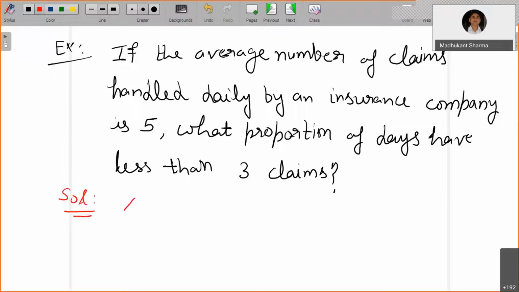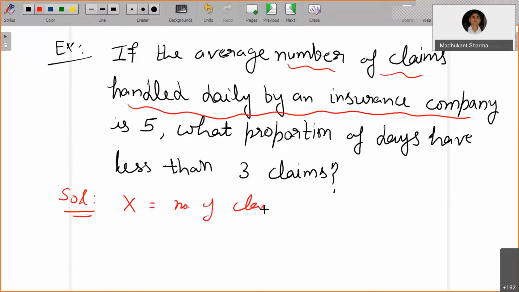X denotes the number of claims handled daily by an insurance company.